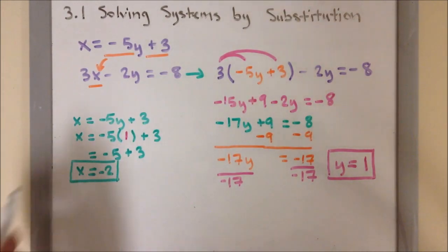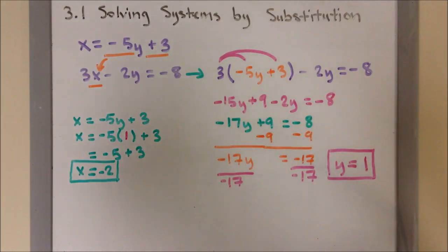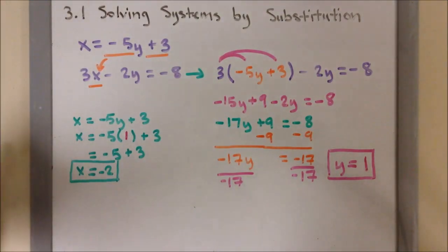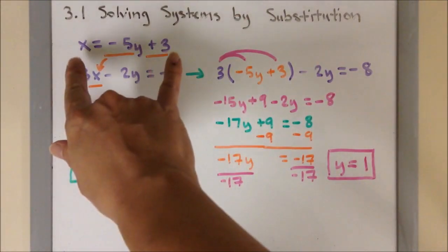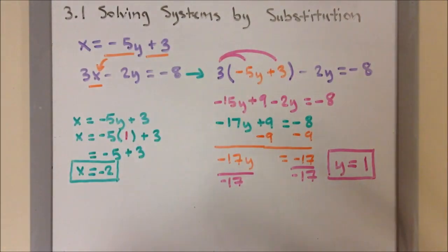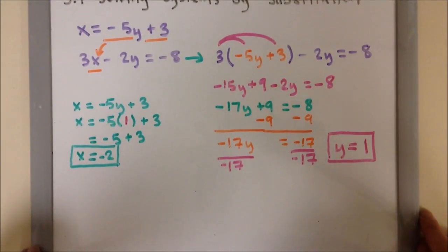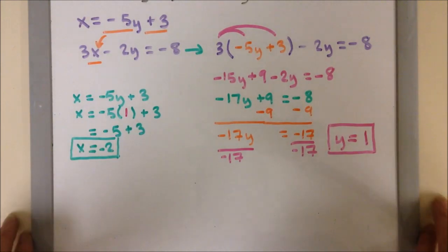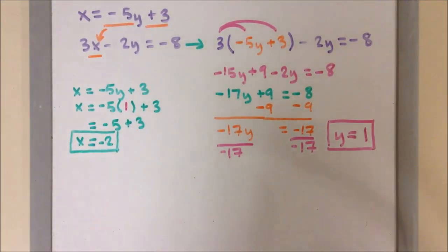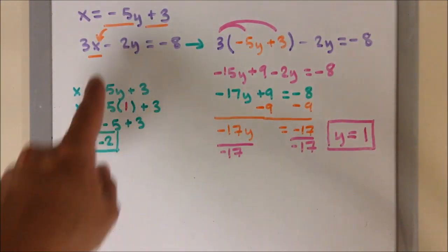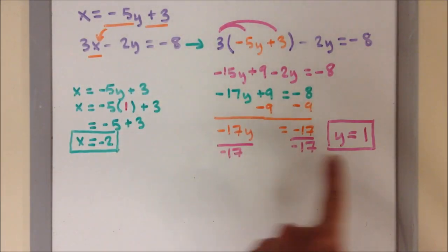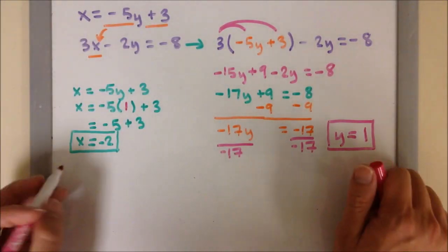So here are our two solutions. And if I plug them in, they should work in the first equation and the second equation. Let's double check. In order for it to be a good solution, it has to work for both equations. I'm going to test these in the first equation.